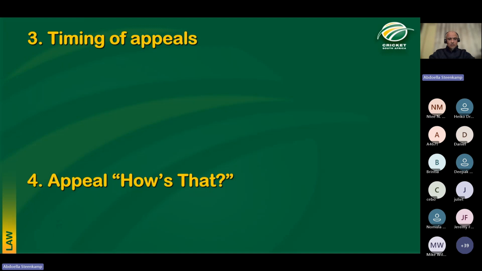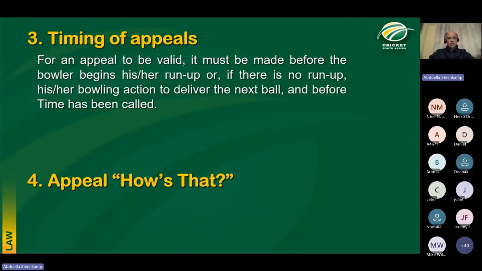In terms of appeals and the timing of the appeals, for an appeal to be valid, it must be made before the bowler begins his or her run-up and before time has been called. So you can see there is quite a lengthy window for that appeal to still be valid.